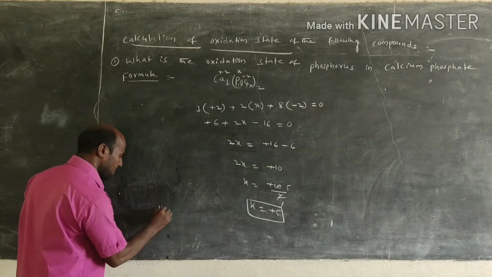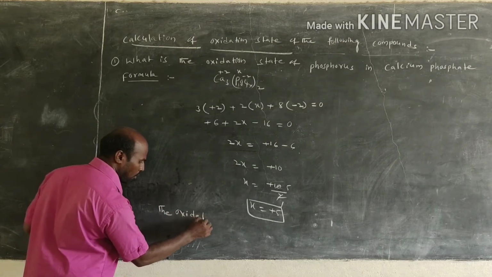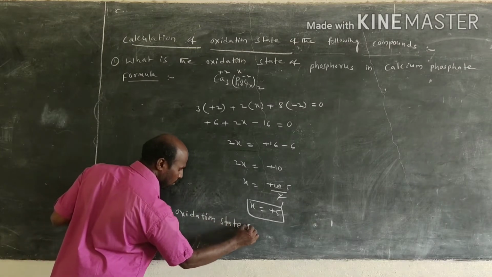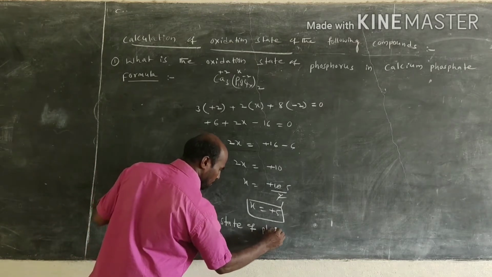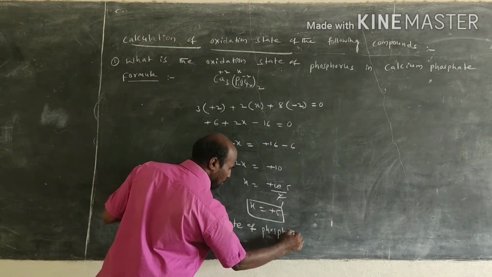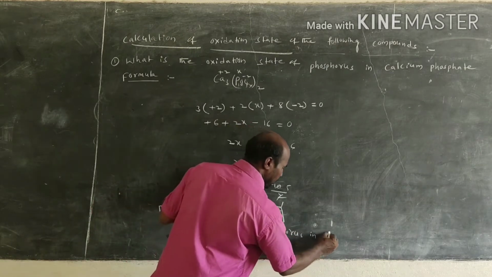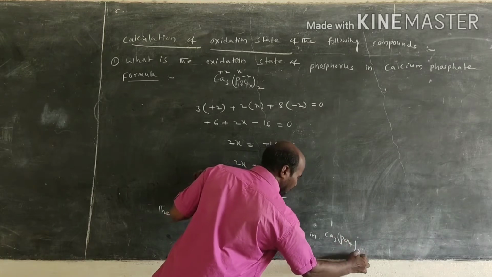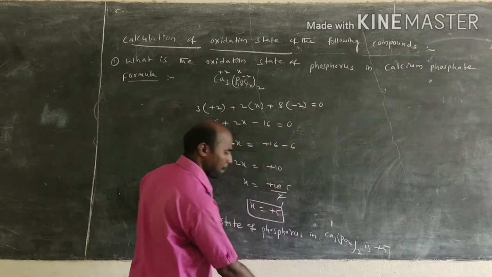So the oxidation state of phosphorus in Ca3(PO4)2 is +5.